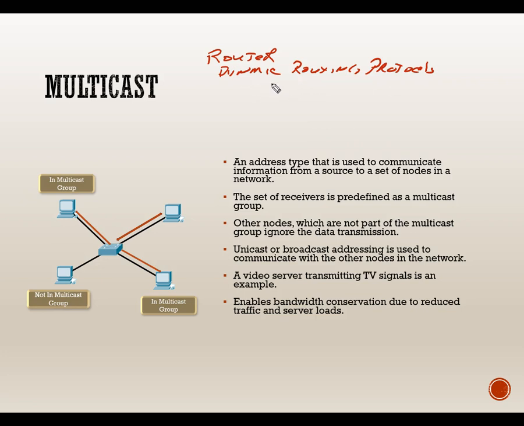So if we're running EIGRP, which is one of those protocols, then all of the routers that are running EIGRP are in the EIGRP multicast. So any EIGRP traffic that goes on the network will go just to those routers, and the multicast is distinguished by 224.something.something.something.